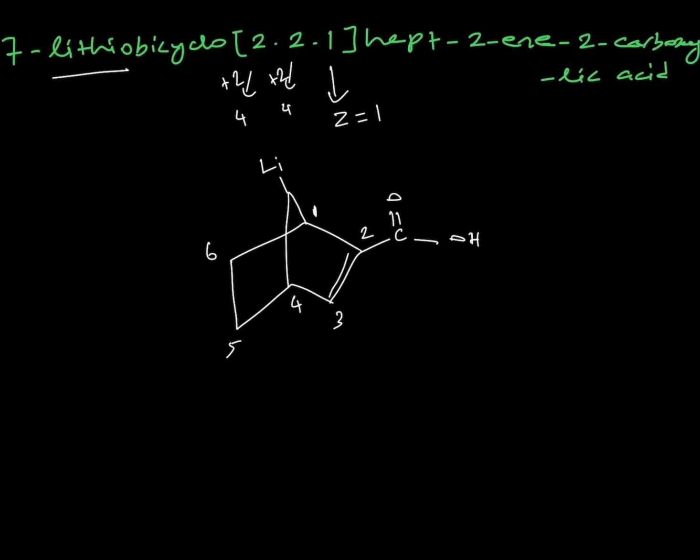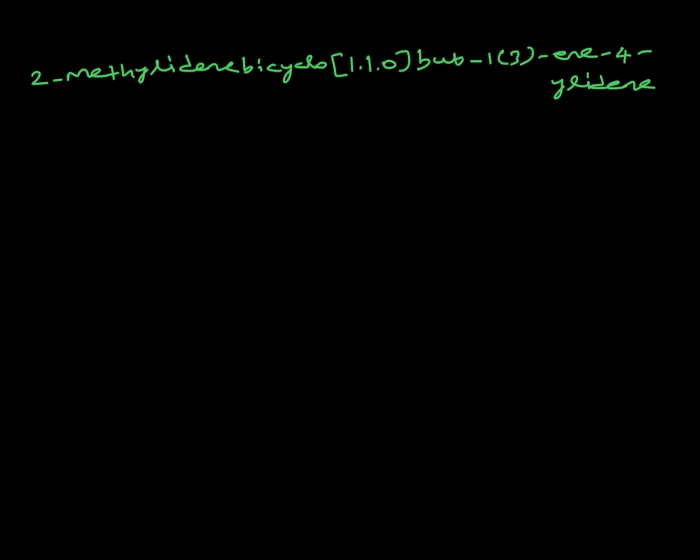Okay, we drew the bicyclic ring correctly. And then in total we have 7 atoms in the parent chain, hept, 2 ene, 2 carboxylic acid. So this is the correct structure for this name. Let's move on to the next example.